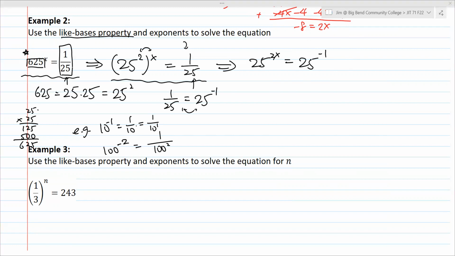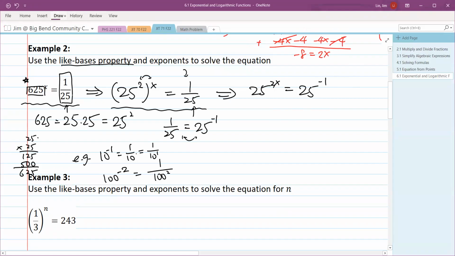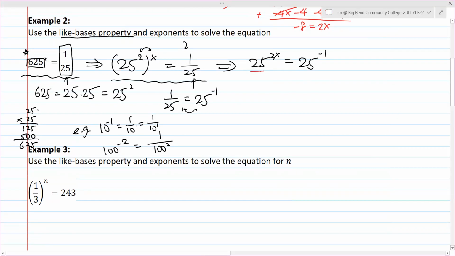Okay, now we can solve the problem because we have gotten the like bases on both sides. Yes, that is the condition for you to equate the power. 2x equals -1. Divide the equation by 2. x equals -1/2. Problem solved.